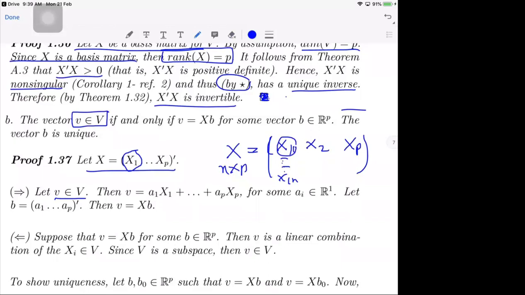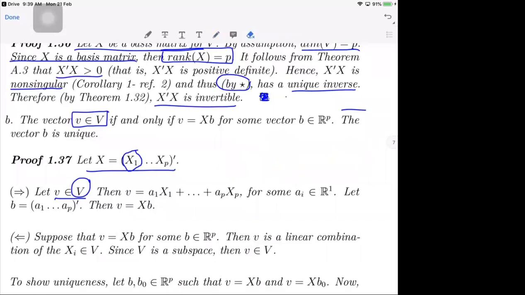And then you can write, since V is a subspace, v as a linear combination of some constants a.